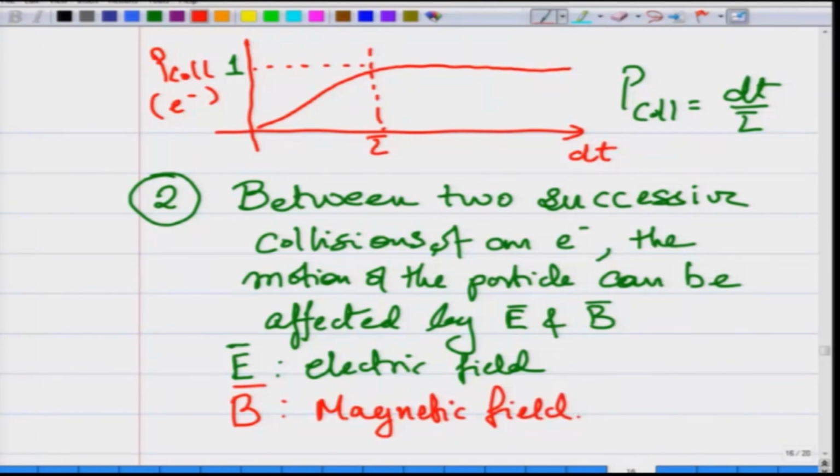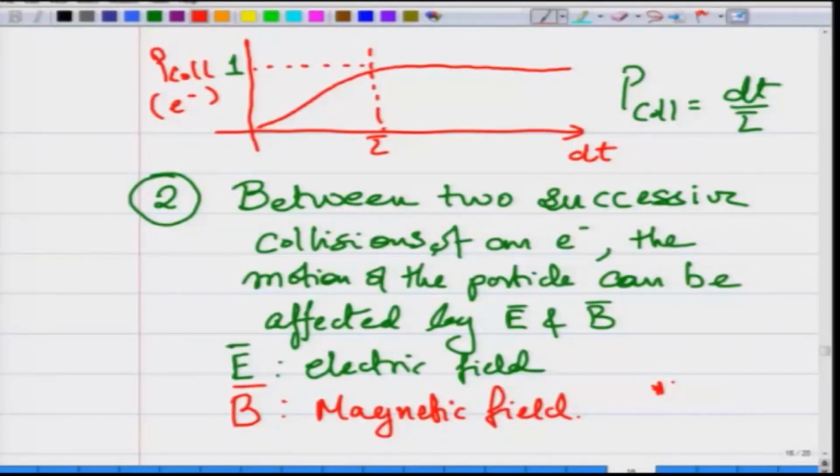So, when the particle is moving between two successive collisions, the electron has encountered one collision and it is moving, and it encounters another collision, then it is only in this time interval tau between two successive collisions that the effect of electric field and magnetic field can really change the motion of this particle.